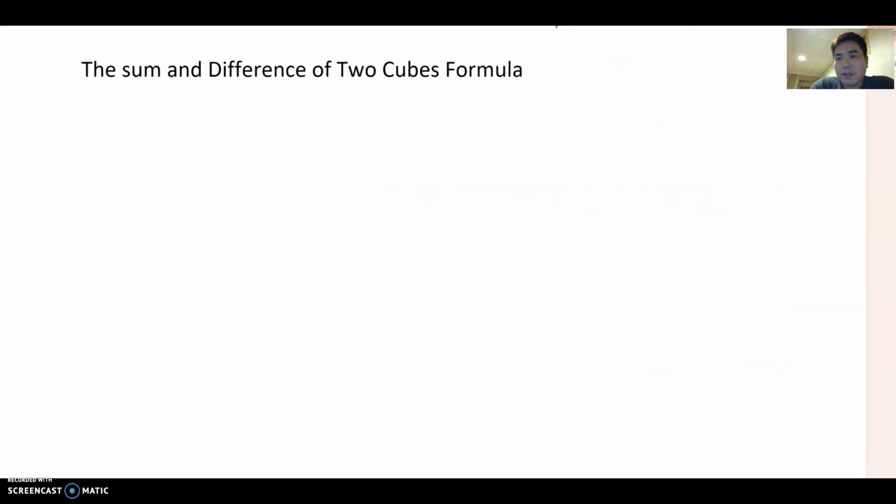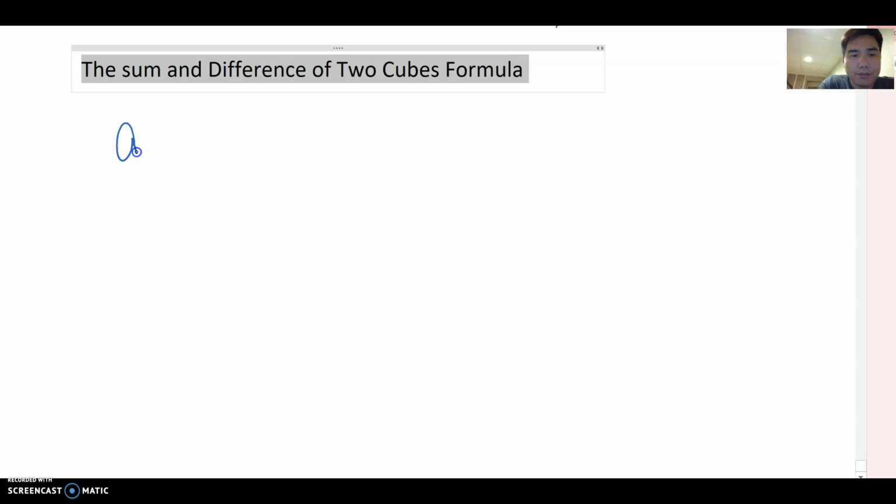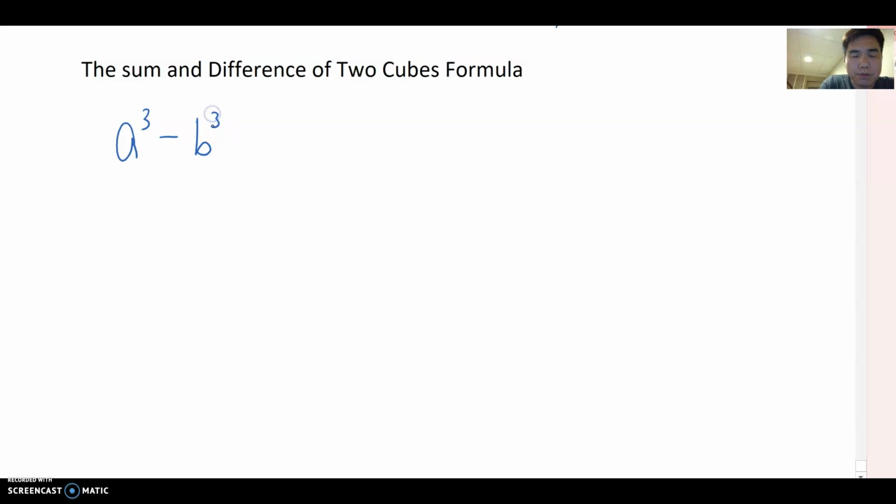There is another case of binomial factoring form. So look at this title: the sum and difference of two cubes formula. It means whenever you have any binomial of the form a cube minus b cube, or a cube plus b cube, you can factor it.